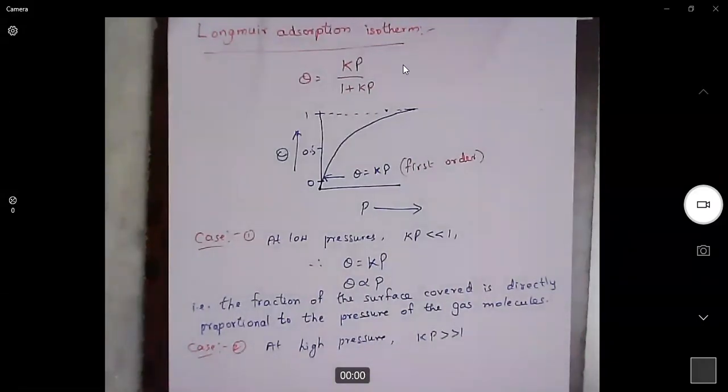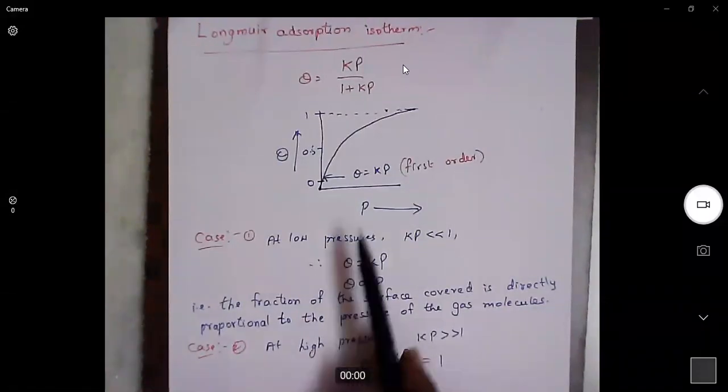So Kp is a large term compared to 1. So what we can do? We can ignore 1. Therefore, theta is equal to Kp by Kp. It is 1.